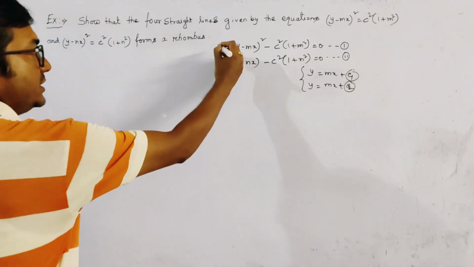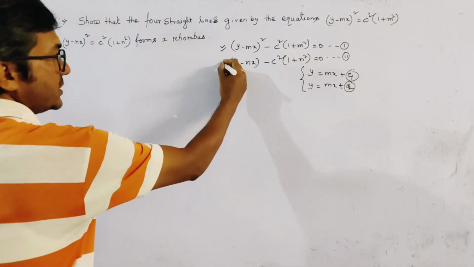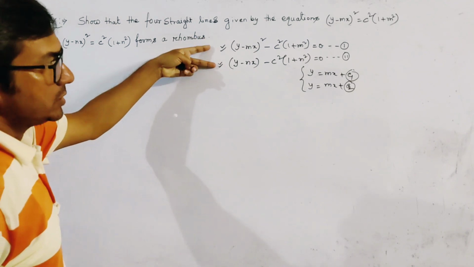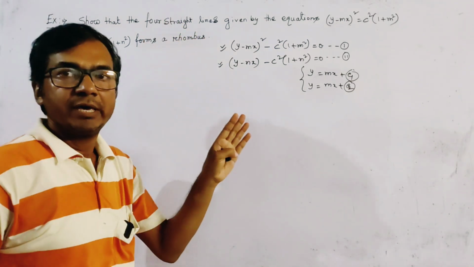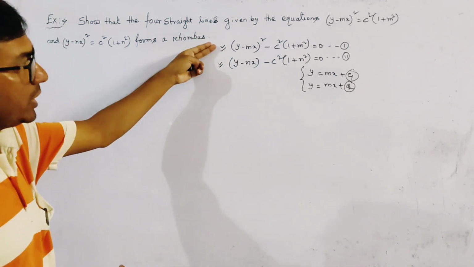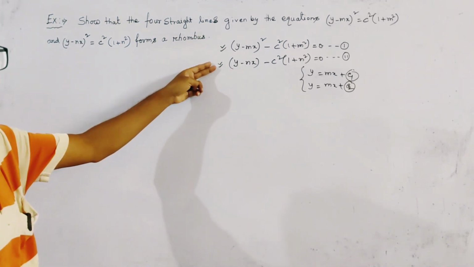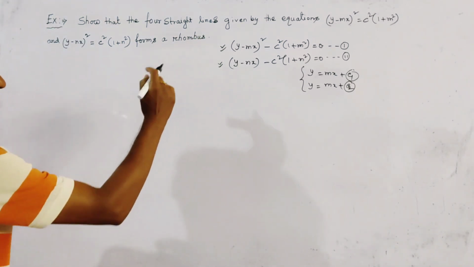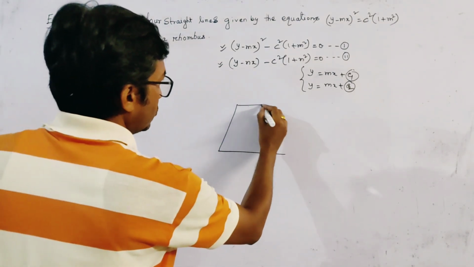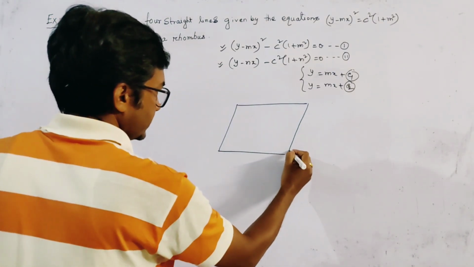Since these are two parallel lines and these are also two parallel lines, these four lines must form a parallelogram. If we draw a rough sketch of this parallelogram, it looks like this.